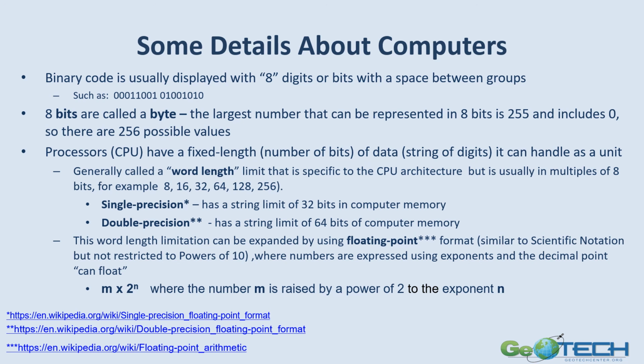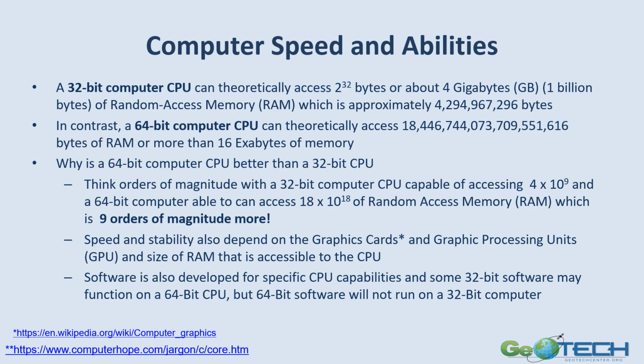So here we can have powers of 2, where the number m is raised to some power of 2 to the exponent n. So really it's about computer speeds and abilities to handle data and go from input to compute to output devices.